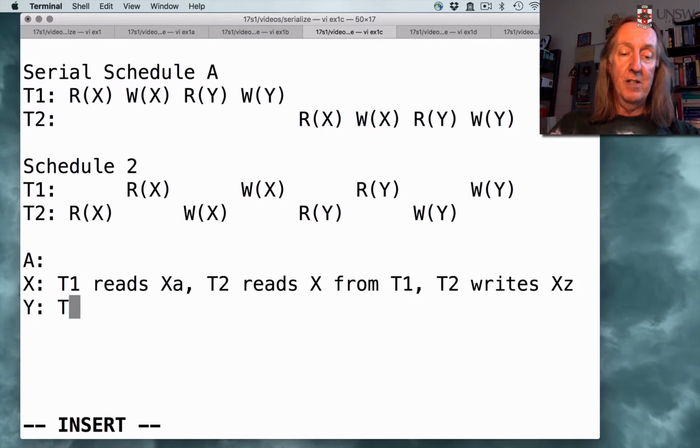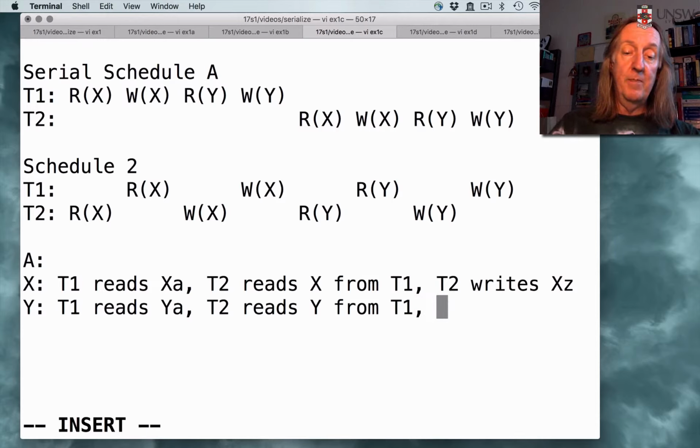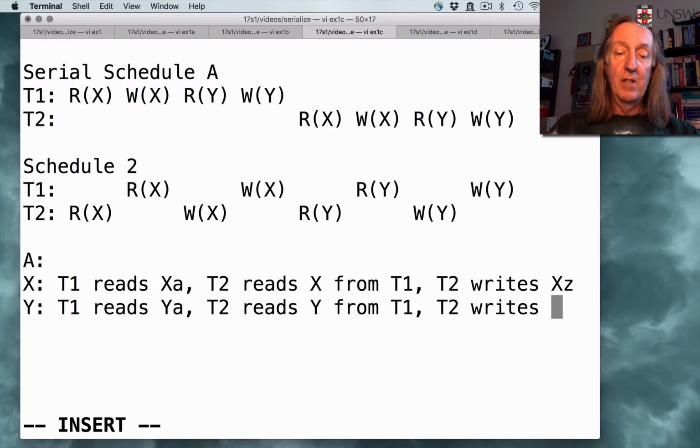So T1 is going to read the initial value of Y. The value of Y that T2 reads is the one that was written by T1. And T2 is the one that writes the final value of Y.